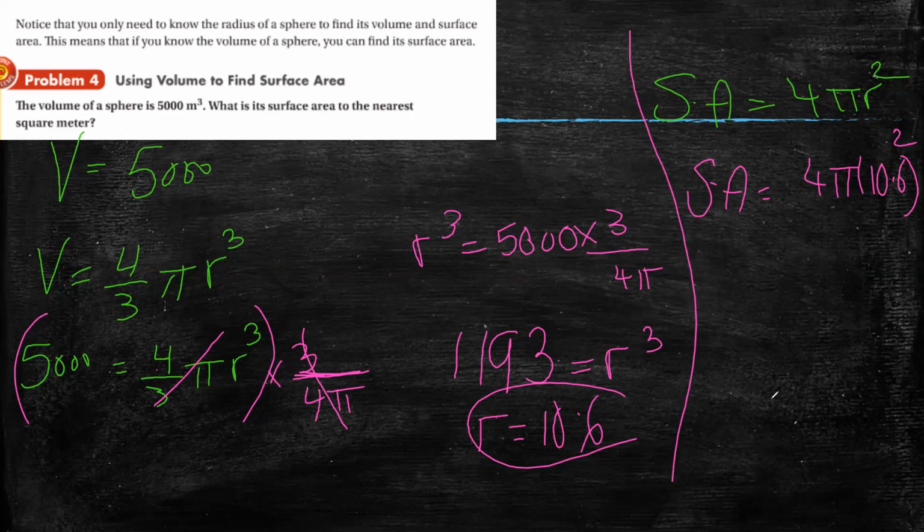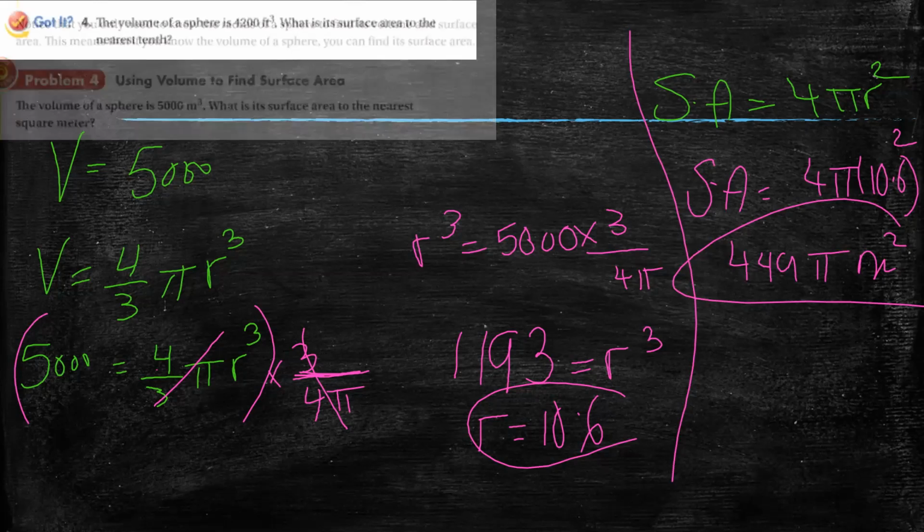So 10.6 squared times 4 pi is 449 meters squared, the surface area. So for this problem here, I forgot to write 4 over 3. I wrote only maybe 4. This is the thing that I made wrong.